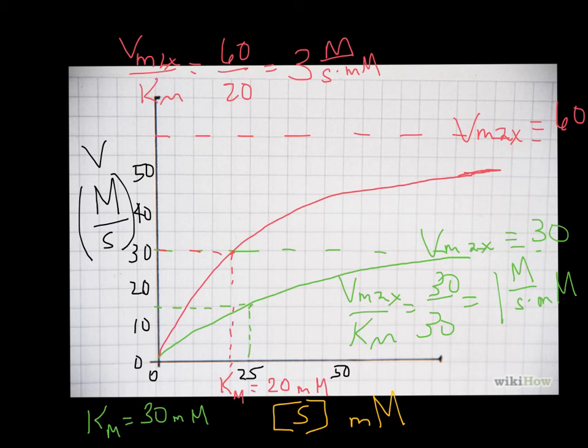But you could actually convert these units to make more sense. But we can clearly see this time that this enzyme is much more catalytically efficient. In fact, it's 3 times more catalytically efficient than the lighter colored enzyme. Again, I hope that this tutorial helped.